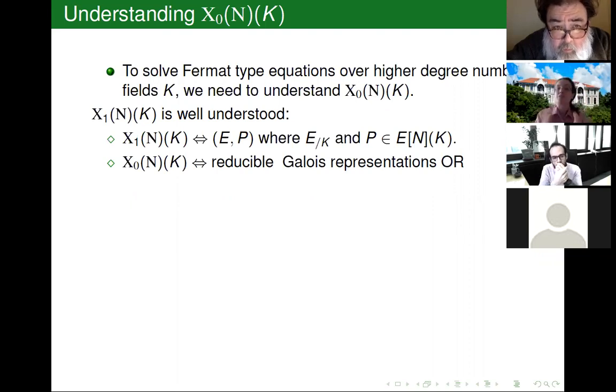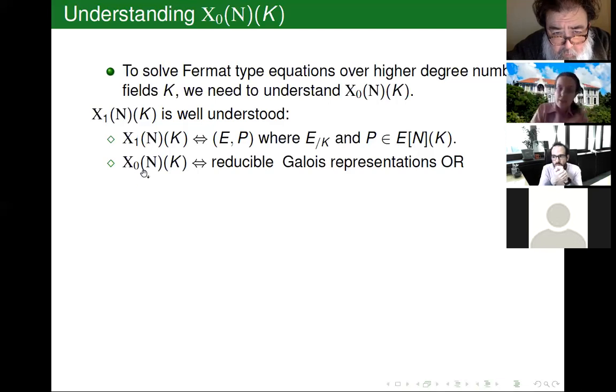Let me just compare this with X_1(n). X_1(n) is also another very well-known modular curve. Its K-rational points parameterize elliptic curves defined over the field K with an n-torsion point defined over K. So unlike X_0(n), this parameterizes elliptic curves with a point.